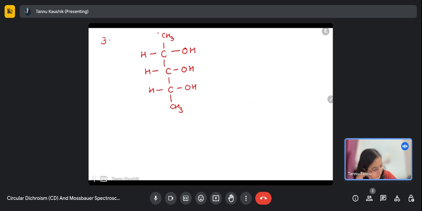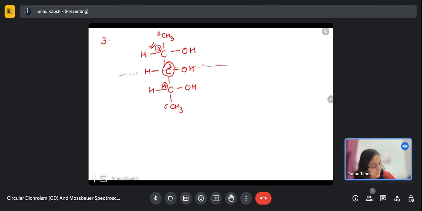So which ones are these? I'm labeling them as 1, 2, 3, 4, and 5. Which of these are chiral? Second and fourth, right. Because if we draw a plane passing through this molecule, then we will get an equivalent figure.